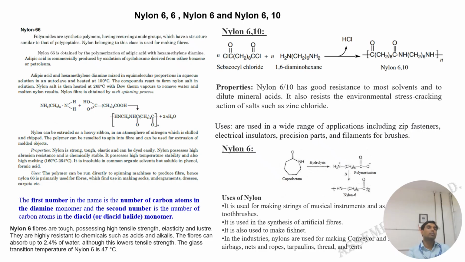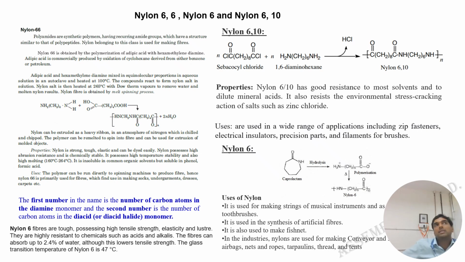One molecule, the carbonyl halide, is your 10 carbon, whereas the amine is your 6 carbon. So you can prepare nylon 610. Highly useful in fasteners, electrical insulators, all this.